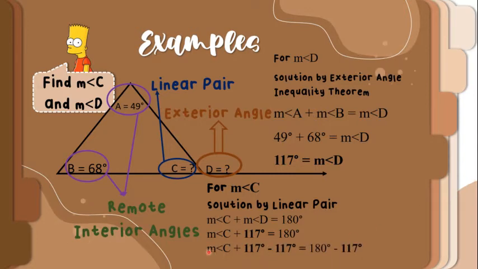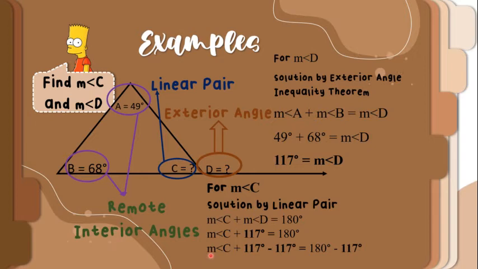Measurement of angle C plus 117 degrees minus 117 degrees is equal to 180 degrees minus 117 degrees. 117 minus 117, that is 0.